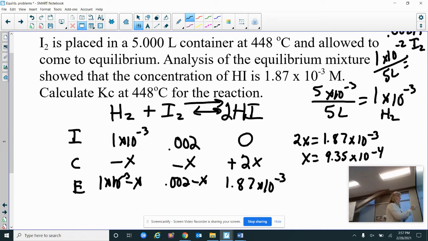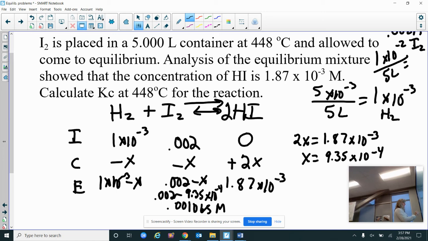Now I can go back and plug that in. I can subtract that here, so 0.002 minus 9.35 times 10 to the minus fourth is 0.001065 molar.